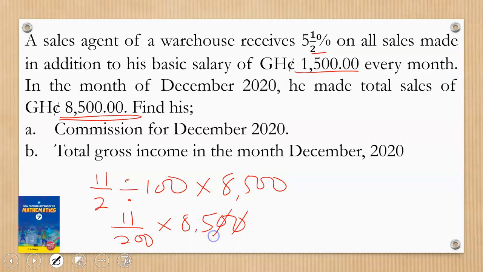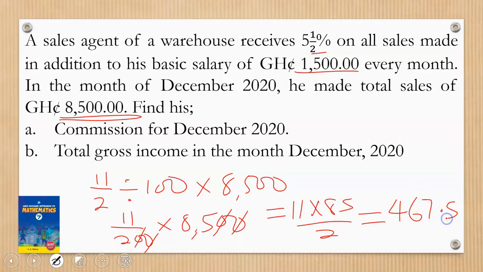When I do simple cancellation here, I'm going to have 11 times 85 divided by 2. If you do a simple calculation by multiplying and dividing, you have 467.5. So this is the commission that he made in the month of December.